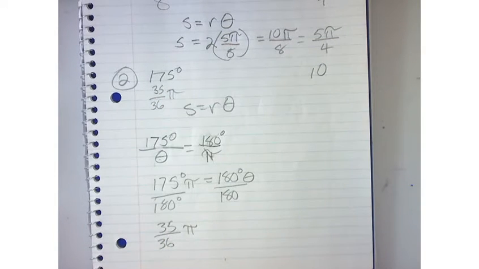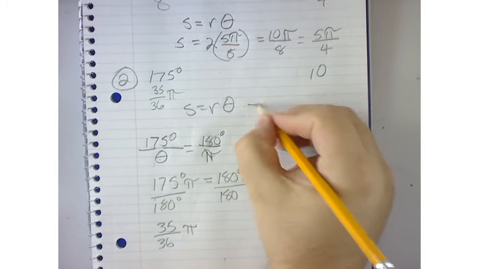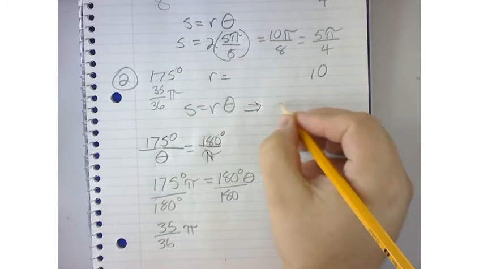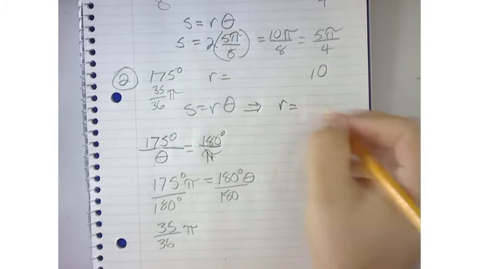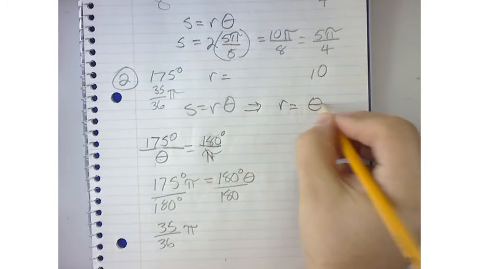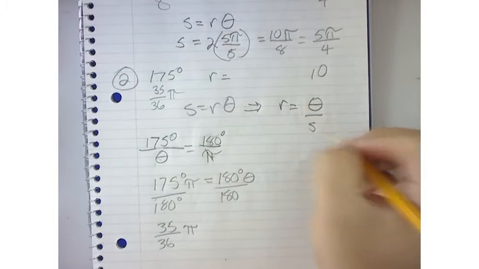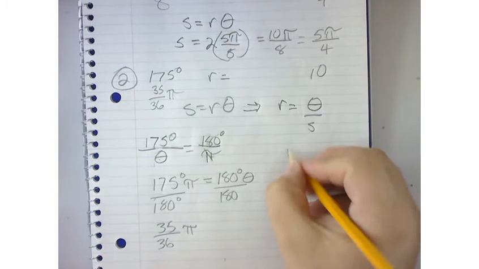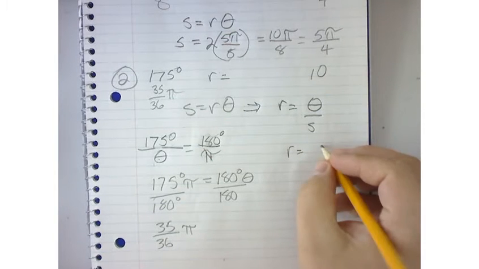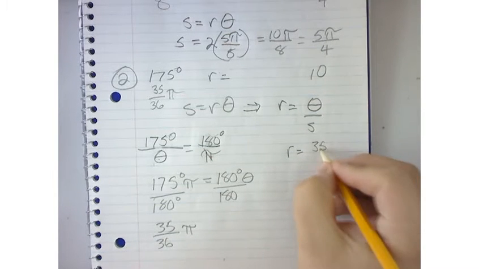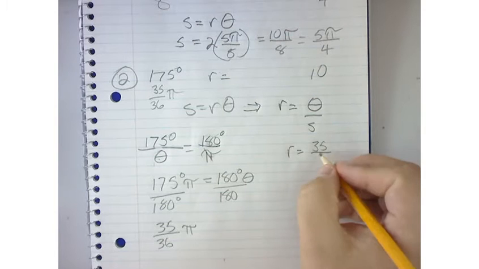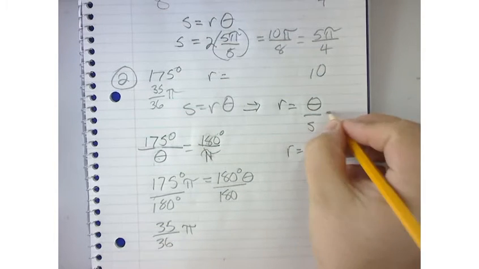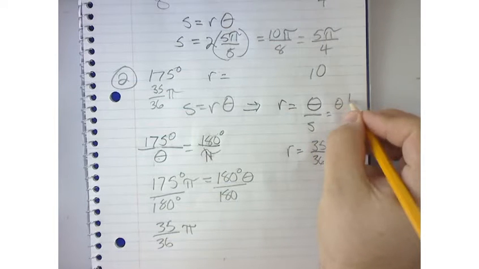All right. So if it's standing room only and I want to find the radius, that's what we're looking for, then I'm going to solve algebraically. It should be theta divided by the arc length. So then the radius is equal to theta, which is 35 over 36 pi. Couldn't I write this as theta times 1 over s?